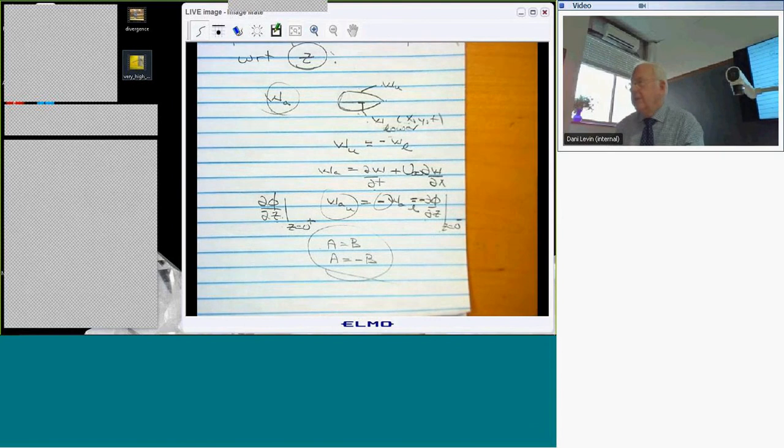This is very nice, except it's not the problem I really want to solve. I want to solve the problem where I've got a wing which is deforming, where this mean line is moving up and down, pitching or heaving. I really want to look at the other case where the upper and lower surfaces are antisymmetric, which means basically that WU equals plus WL.